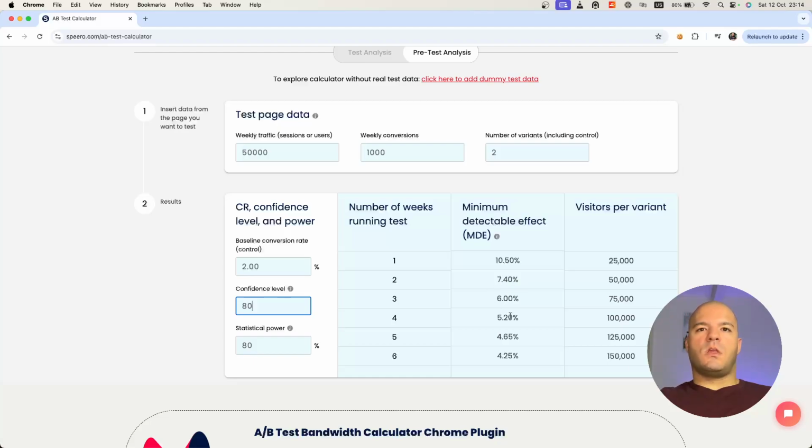But I would say the aim should always be to run for at least 4 weeks, so that we can get a reasonable number of users, which will also give more reliability to the data, because we include a bigger sample size in the test.